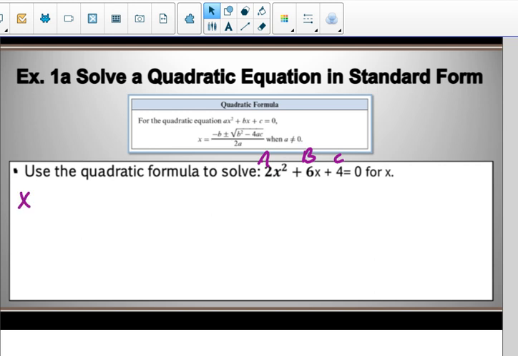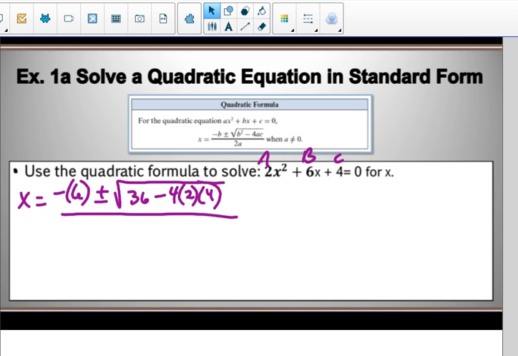So let's plug those into our equation. So the opposite of our b, negative 6, plus or minus the square root of b squared, so 6 squared is 36, minus 4 times a, 2, times c, which is 4, all divided by 2a, which is 2 times 2.